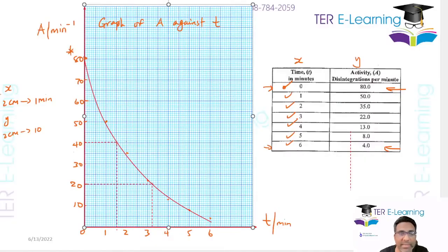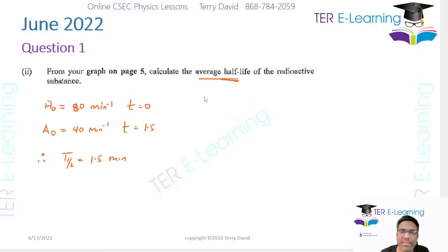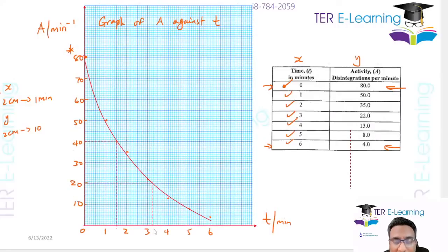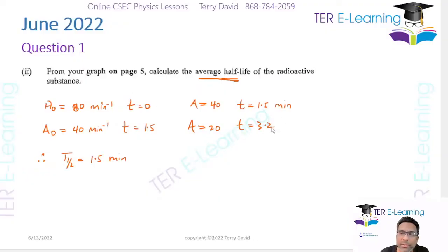All right, so let's write down our times now. Your activity here is 40, and that corresponds to a time of 1.5 minutes. Then our activity now is 20, and according to my graph, I'm getting a time of about 3.2 minutes. So that is going to give me a half-life of 3.2 minus 1.5, and I'm going to get 1.7.